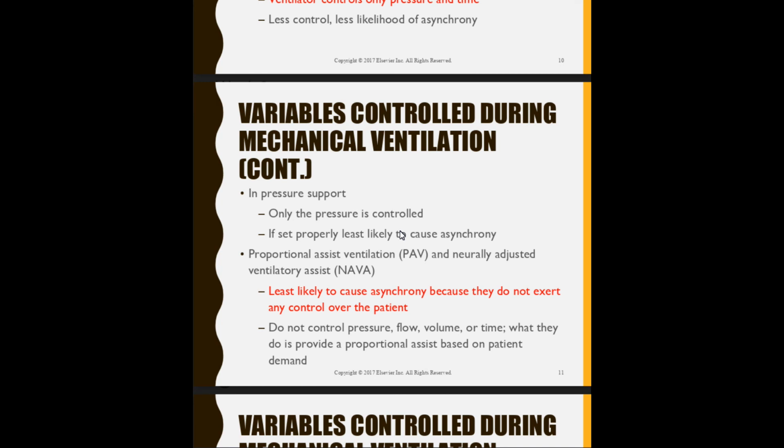The pressure support kicks in so that the volumes can match most likely what we've programmed. So if I'm on SIMV and I'm pulling 150, and I have a pressure support of 10 centimeters of water pressure, when I breathe my 150, the pressure support is going to kick in and give me an extra plus 10, which will probably push my volumes into the 400s.